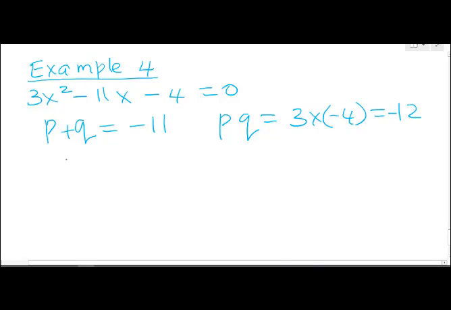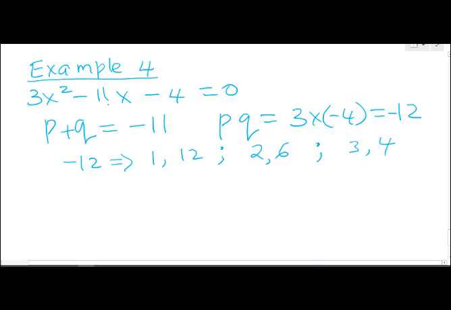Again, we use minus 12 to determine now the pair of values p and q, and our pairs are as follows. The first pair is 1 and 12. The second pair is 2 and 6. The third pair is 3 and 4.